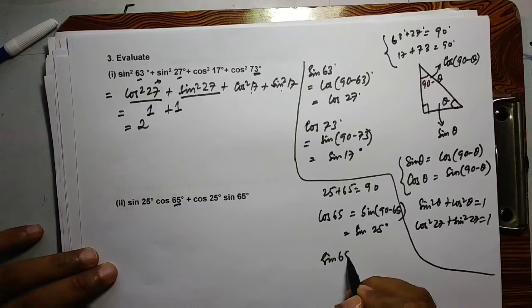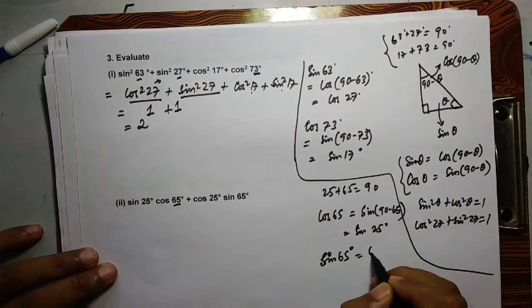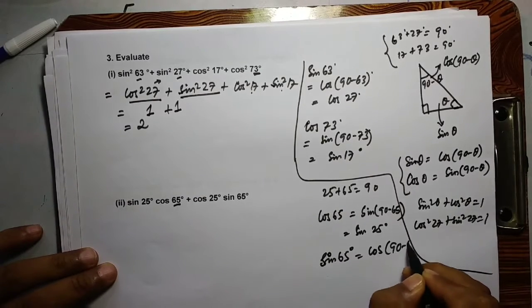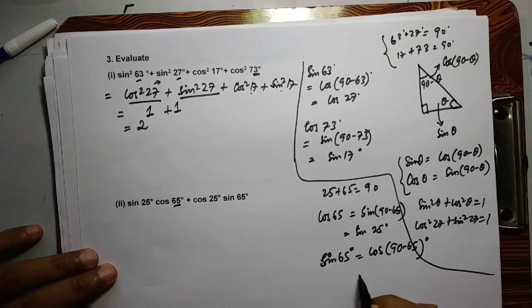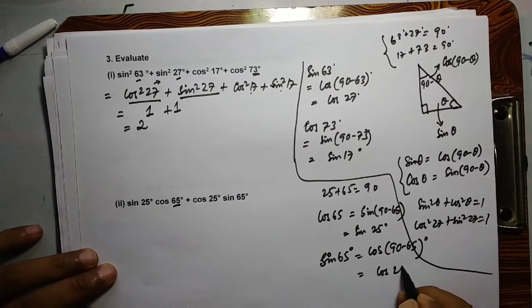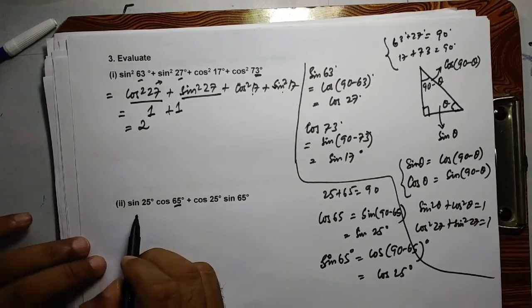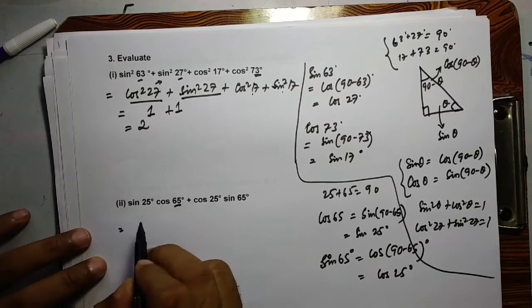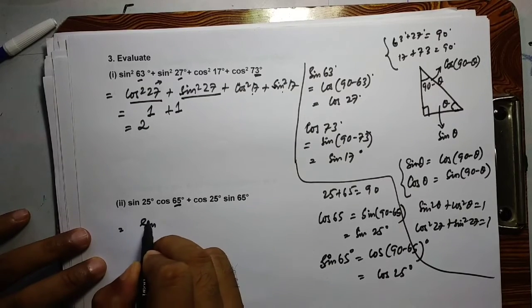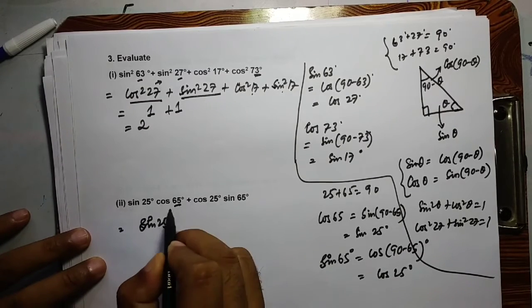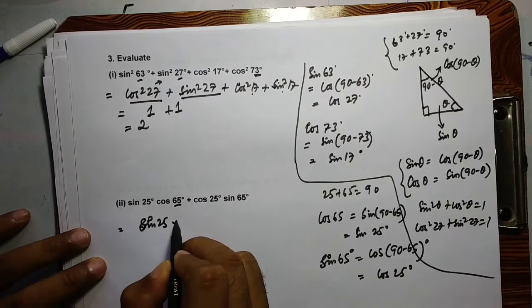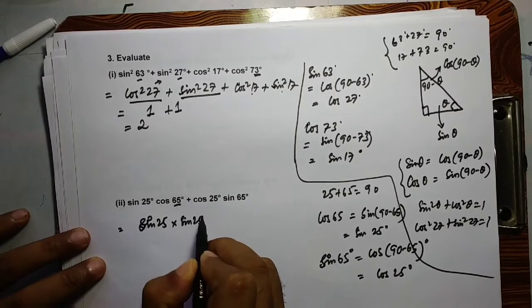Similarly, sine of 65 degrees equal to cos of 90 minus 65 degrees, so this will be cos of 25 degrees. So putting this value here, this is sine 25, and cos 65 is again sine 25.